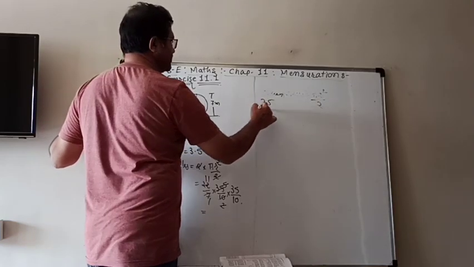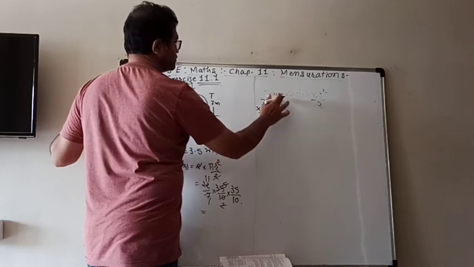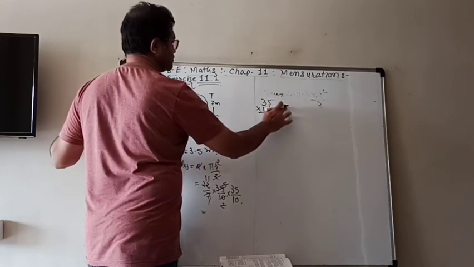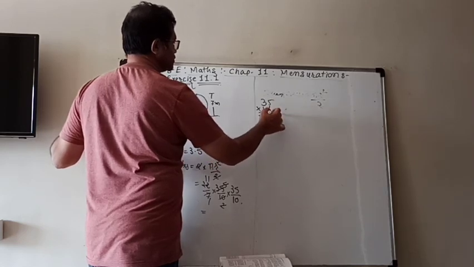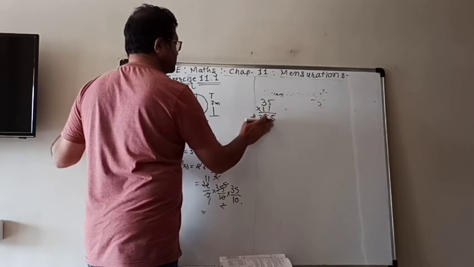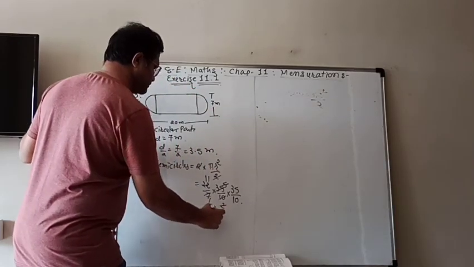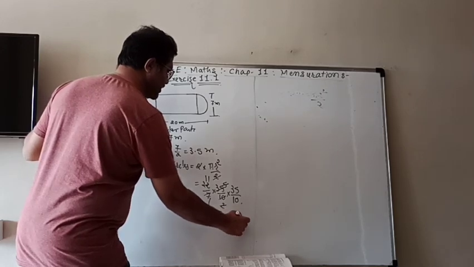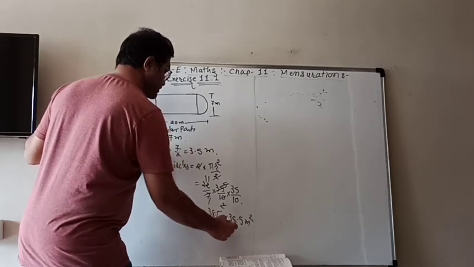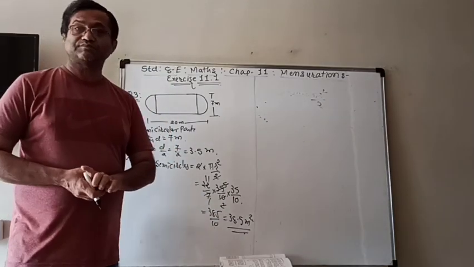So 35 multiplied by 11 is 385 divided by 10, that is 38.5 meters square. That is the area of these two semicircular parts.